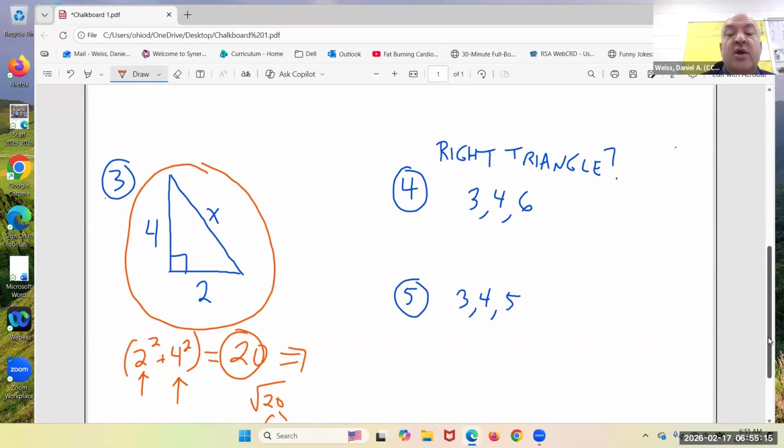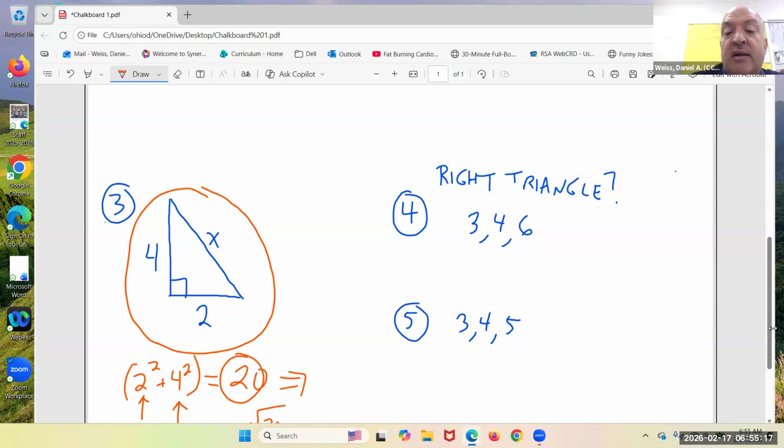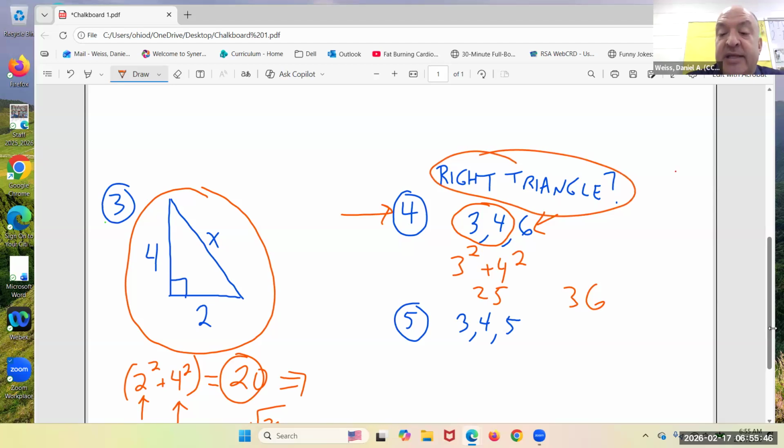So now you're going to have problems that say, okay, here, is this a right triangle? Do 3, 4, and 6 make a right triangle? All you have to do is type 3 squared plus 4 squared. Just take the first two, 3 and 4. That's going to make 25. Then you take 6 squared. That's 36. Well, if it's a right triangle, a squared plus b squared will equal c squared.